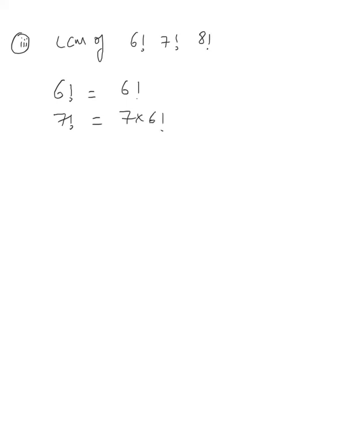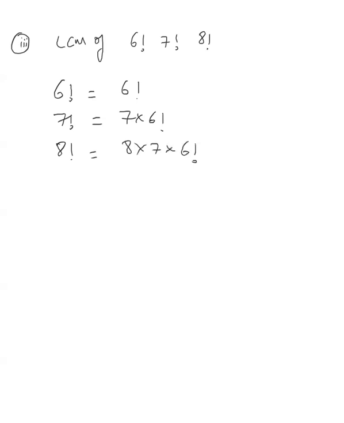So next question, question number 2, or third subdivision. LCM of 6 factorial, 7 factorial, 8 factorial. What you can do now? 6 factorial, let it be. 7 factorial, you can write it as 7 into 6 factorial. And 8 factorial, you can write it as 8 into 7 into 6 factorial.